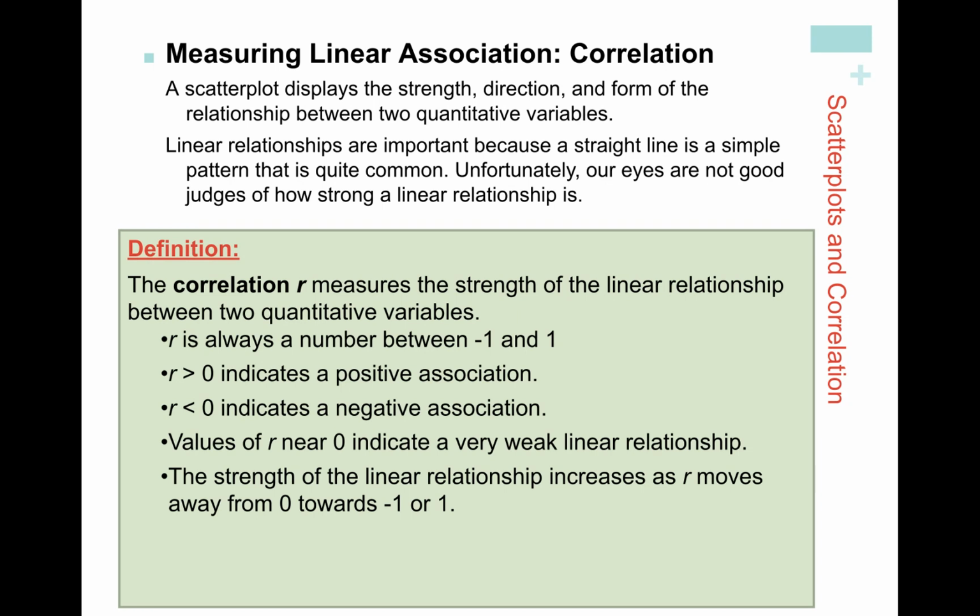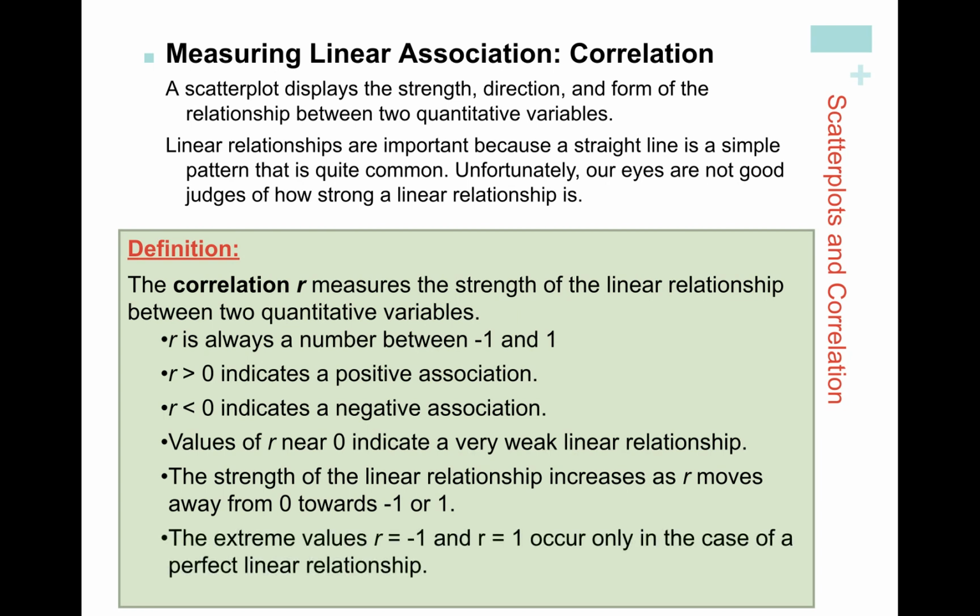And how strong is that positive correlation? It is so strong that all of the dots line up exactly on the line of best fit. Those extreme values only occur in the case of a perfect linear relationship, which, how often do you think that happens in the real world? Pretty rarely.